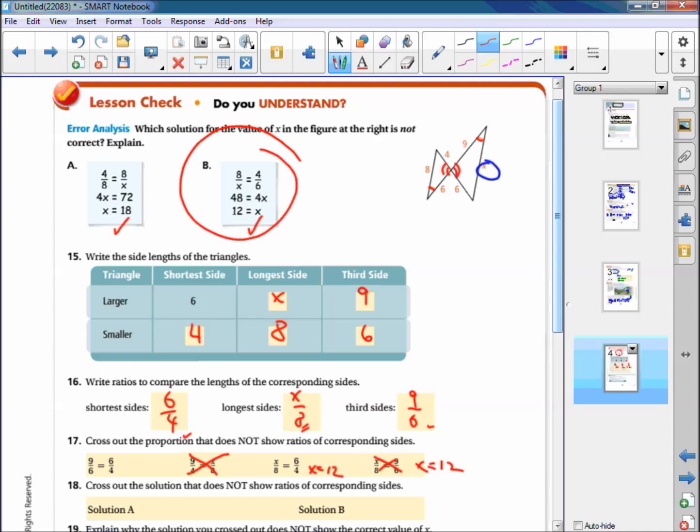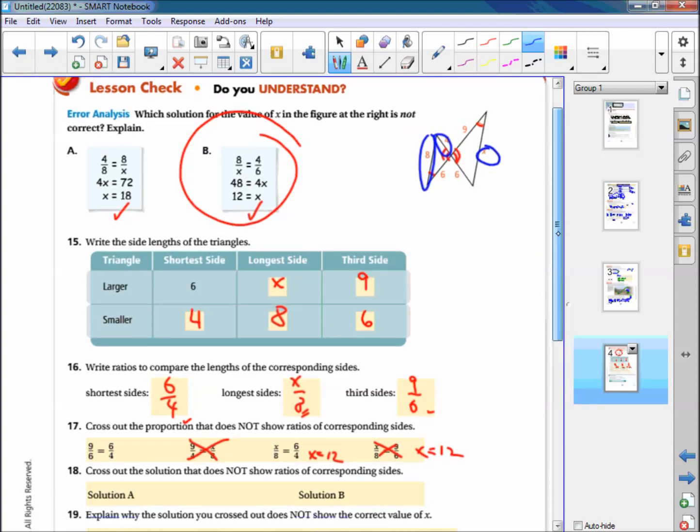So what did they do wrong in A? So in A, they did 4 to 8. Okay, so this 4 and 8. So 4 and 8 were both in the small triangle. That can be okay as long as you get the right things from the big triangle. And in the big triangle, they used 8 and x. Oh, they used the same thing from the small one. So they used stuff from the small one twice.